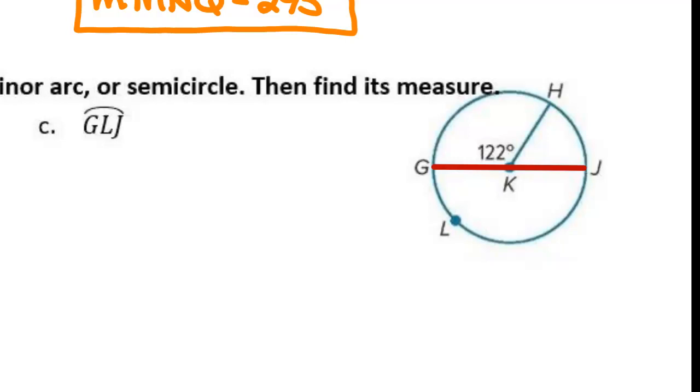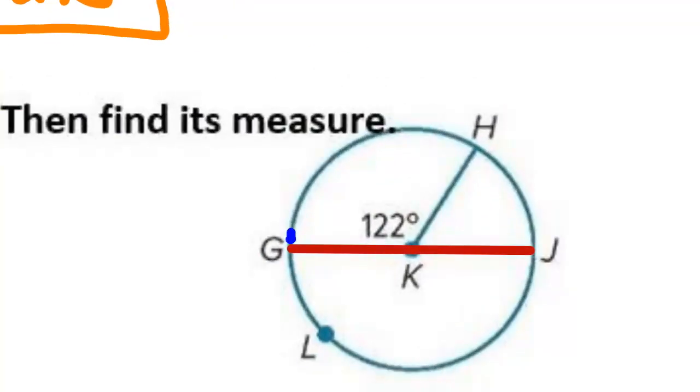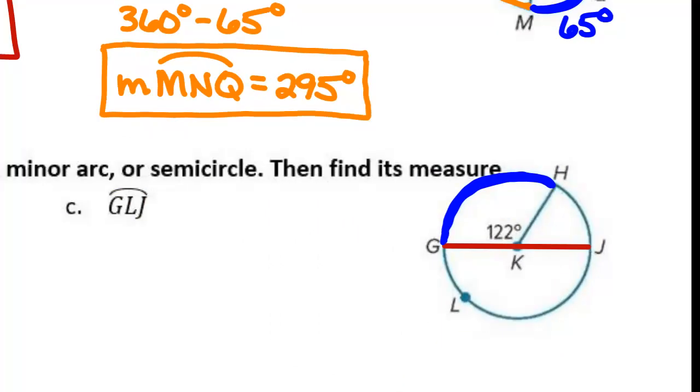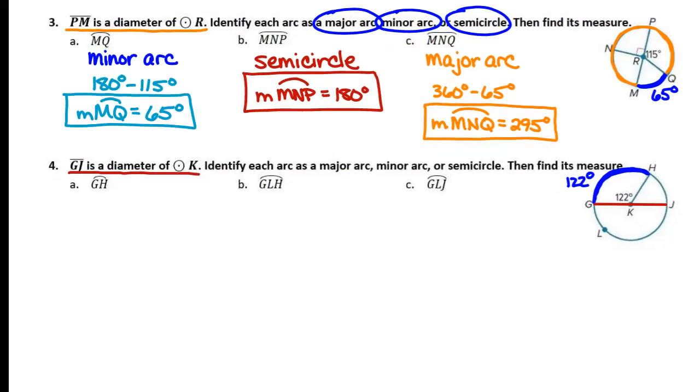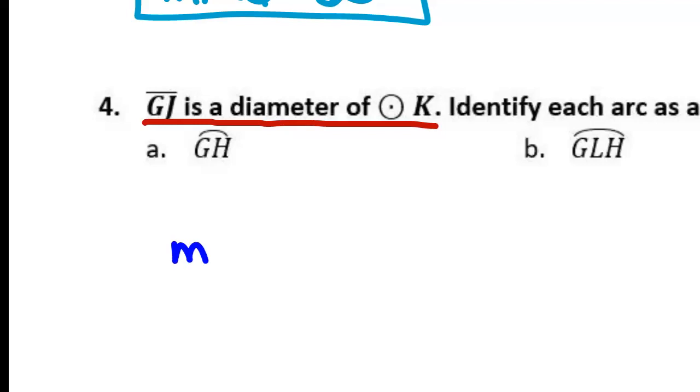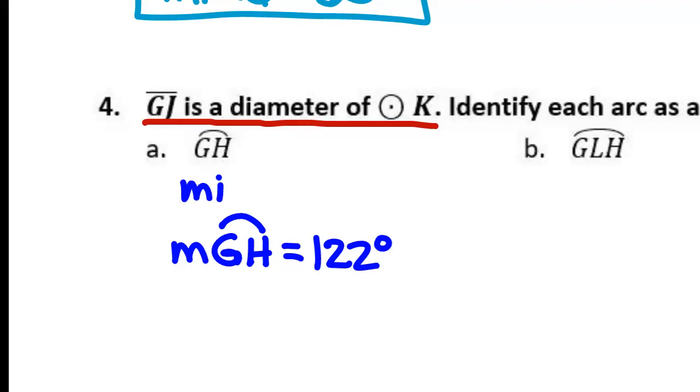First thing they want me to find is the measurement of arc GH. How big would that arc be? 122. Measurement of arc GH is 122 degrees. Would that make it a minor arc, a major arc, or a semicircle? Minor arc.